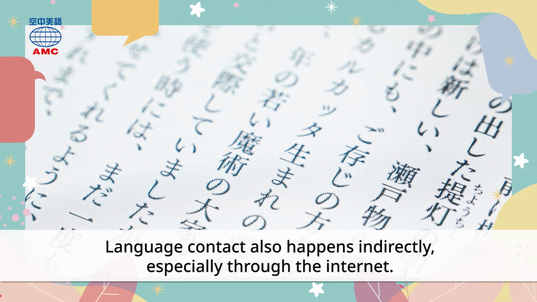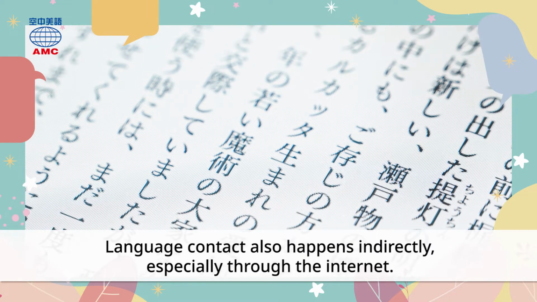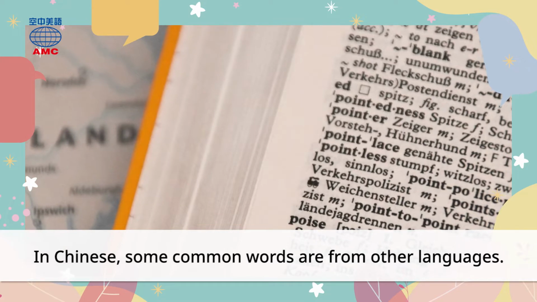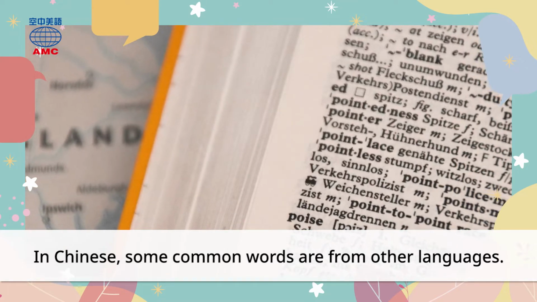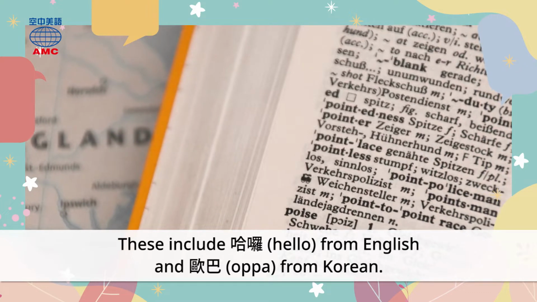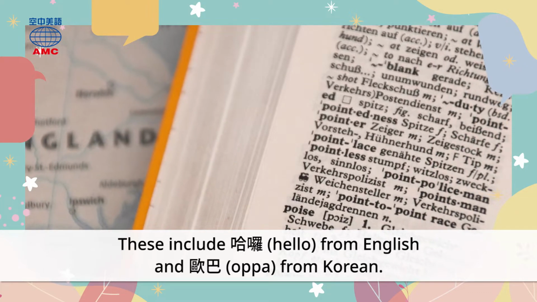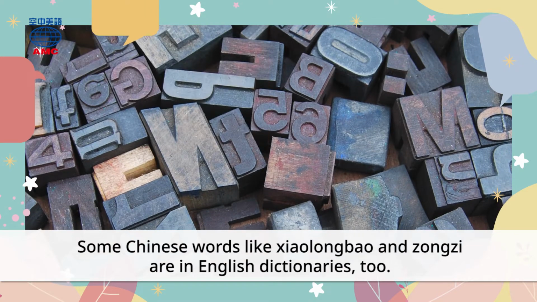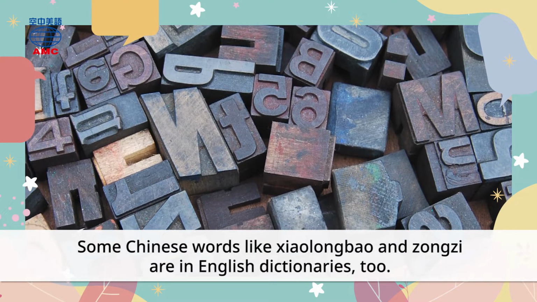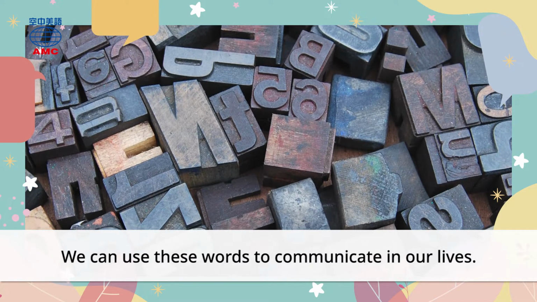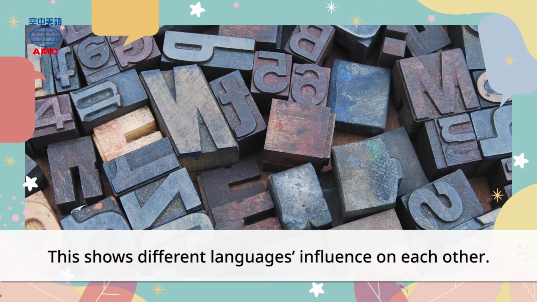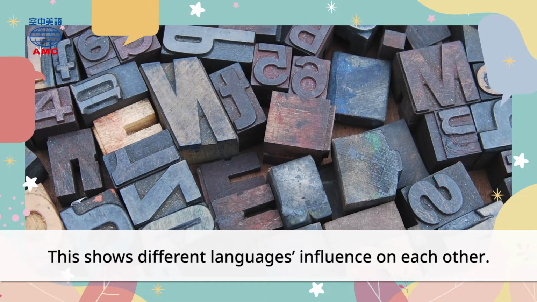Language contact also happens indirectly, especially through the internet. In Chinese, some common words are from other languages. These include halo, hello, from English and oba, opa, from Korean. Some Chinese words like xiaolongbao and zongzi are in English dictionaries too. We can use these words to communicate in our lives. This shows different languages' influence on each other.